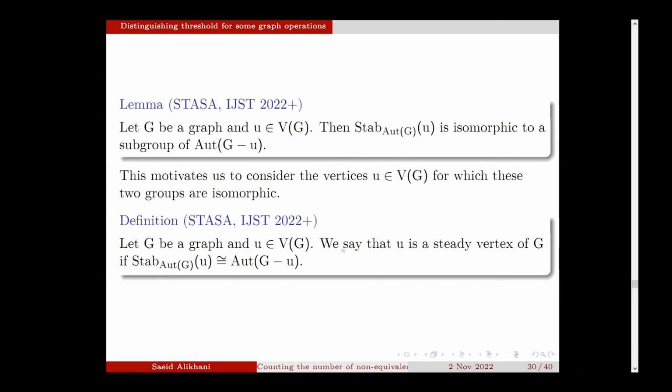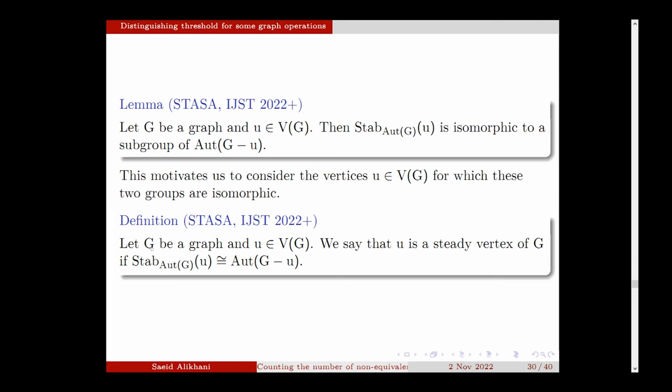And we have this well-known fact, which I write here as a lemma: if G is a graph and U is a vertex, then the stabilizer of U in the automorphism group of G is isomorphic to a subgroup of the automorphism group of G minus U. This motivates us to consider the vertices U for which these two groups are isomorphic.